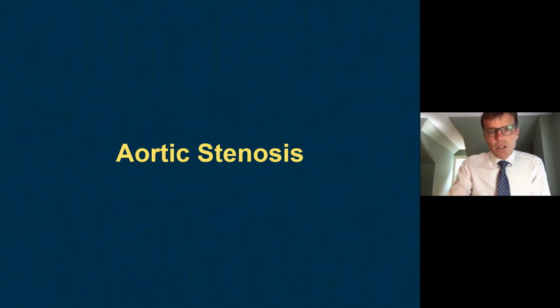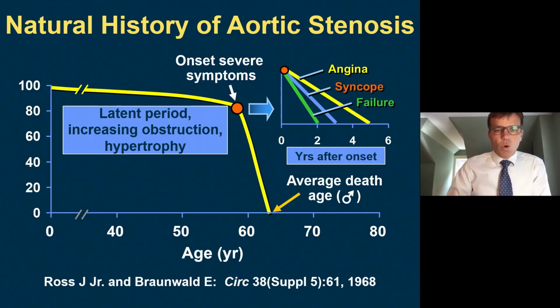The first lesion, as you might imagine, is aortic stenosis, this being one of the most common that we would typically see in clinic, one of the most important. And this, of course, is the classic figure that I'm sure you've all seen and remember, whether it was in medical school or more recently from Dr. Braunwald, which shows that aortic stenosis can progress for a long period of time without causing symptoms.